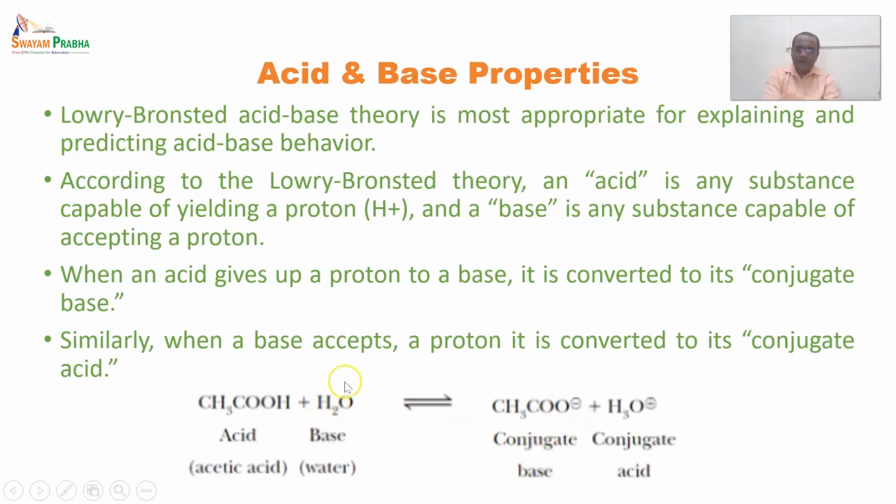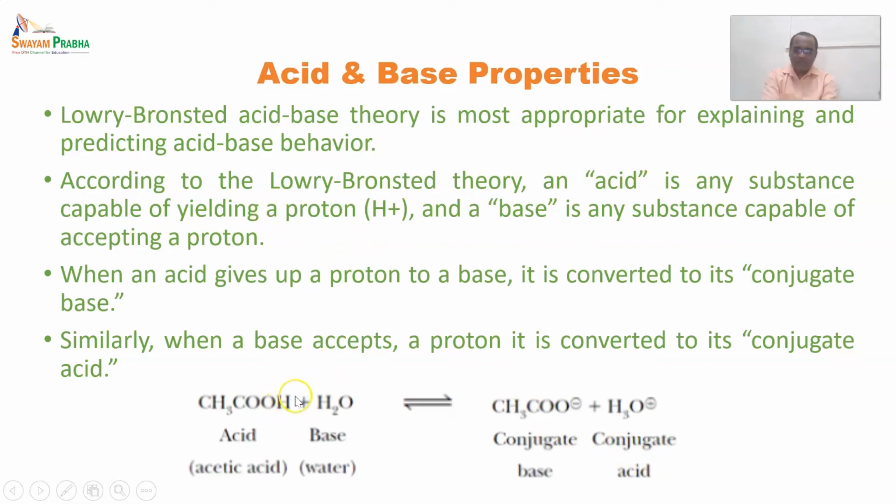The water, which is acting as a base, now becomes H3O plus, so it becomes a conjugate acid. Why are they called conjugate acid and conjugate base? Because in the reversible reaction, the conjugate acid will be able to donate a proton, and the conjugate base will be able to accept a proton. As the definition says, an acid is any substance capable of donating a proton.